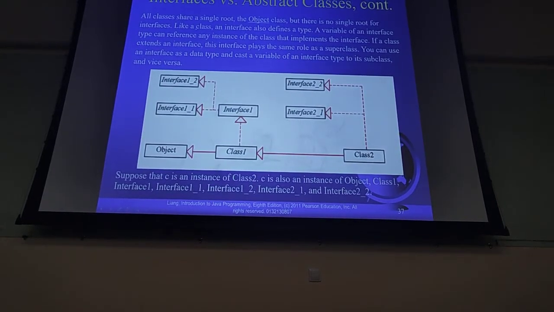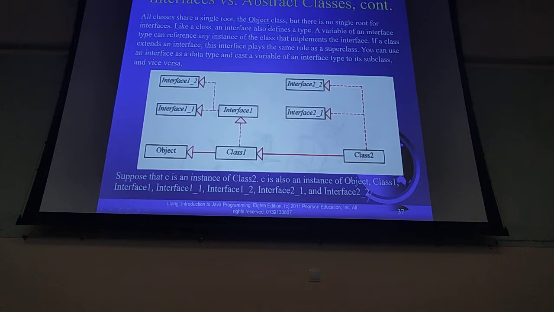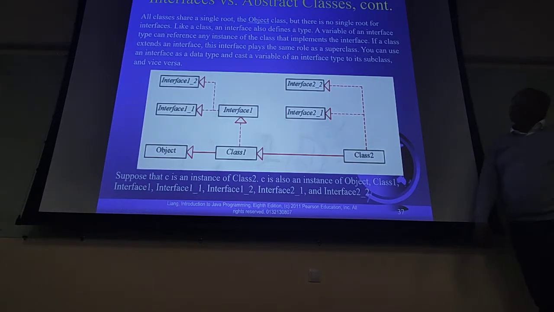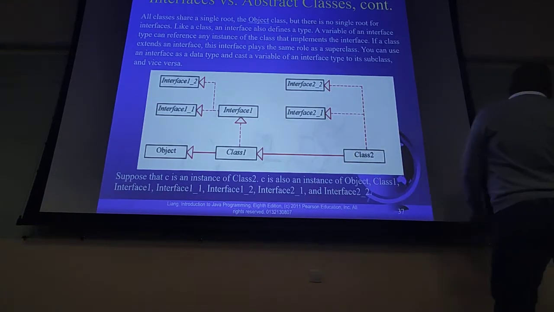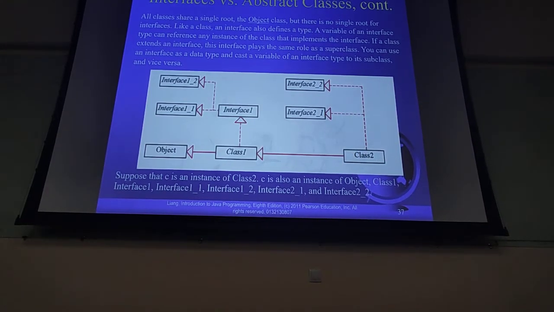So all classes share a single root, the Object class. As I told you, Object is a parent of all classes. Is it correct? Single root. But there is no single root for interfaces, so there is no parent for the interface. Like a class, an interface also defines a type. What do you mean by this? Like the class, we can define a type.